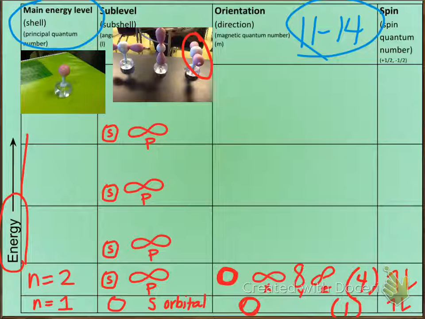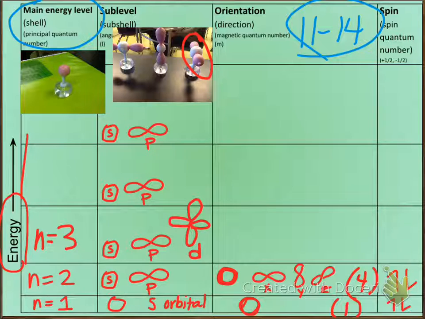Great. Well, let's look at the third main energy level. N equals what? 3! It's not a trick question. So on the third main energy level, we add another shape. And that orbital type or shape is called a d orbital.